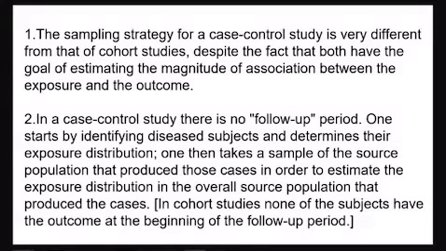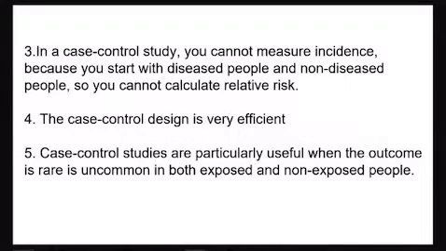Now let me go to number 3. In a case control study, you cannot measure incidence, but you can start with people who have the disease and people who do not, so you can calculate the odds ratio. The case control design is very efficient. I just demonstrated that. And case control studies are particularly useful when the outcome is rare.